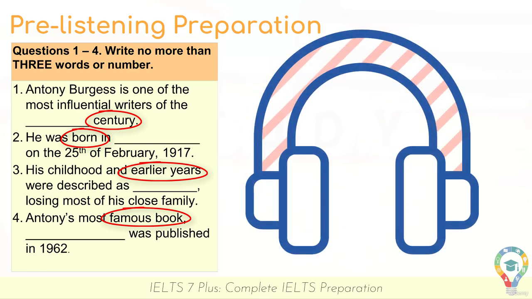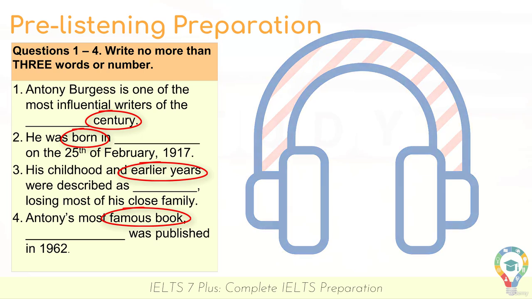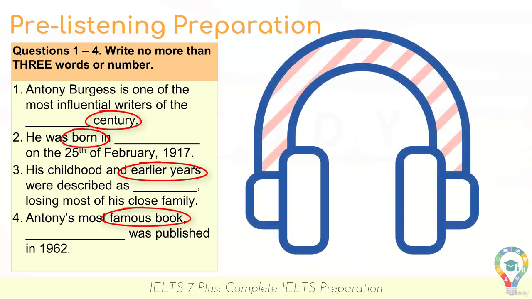Anthony Burgess is considered one of the greatest British writers of the 20th century. He was born in the English city of Manchester on February the 25th, 1917, to Catholic parents. Anthony described his family as reasonably affluent and his parents were shopkeepers.